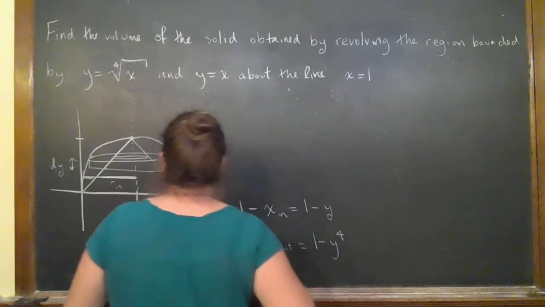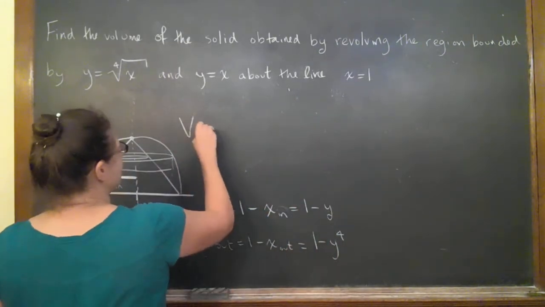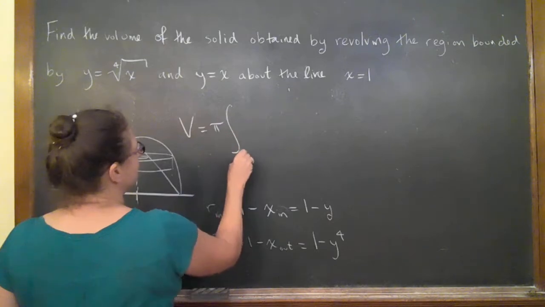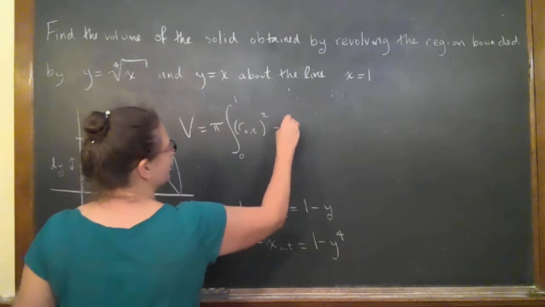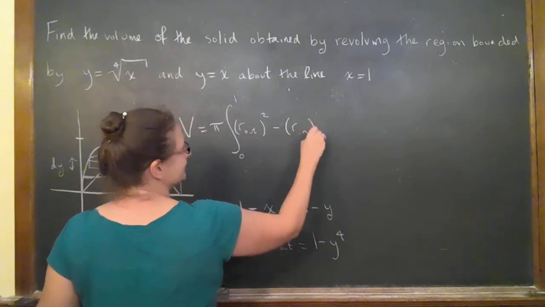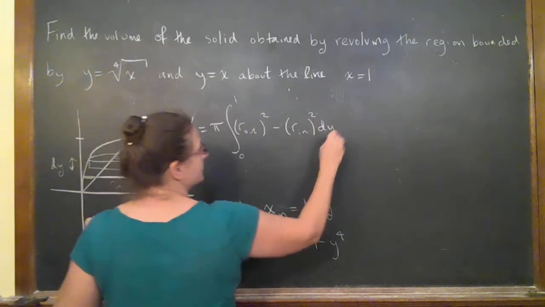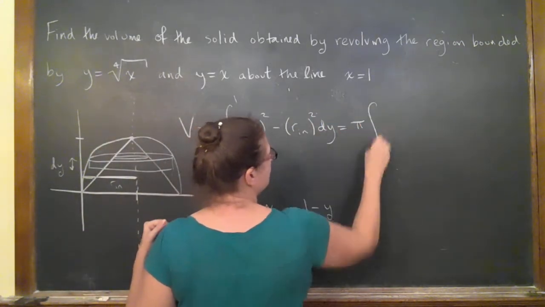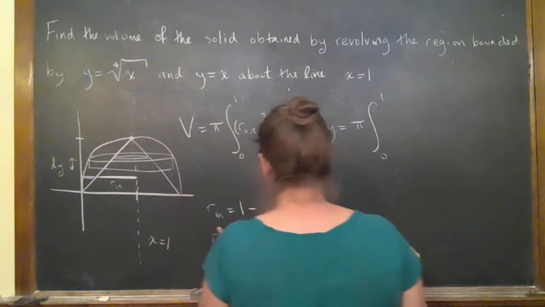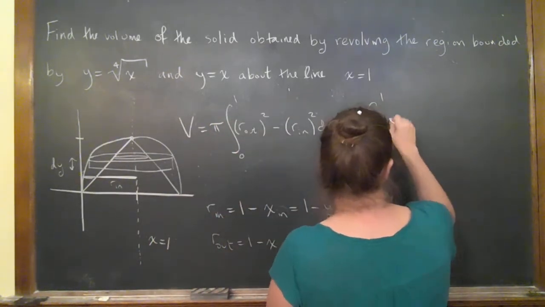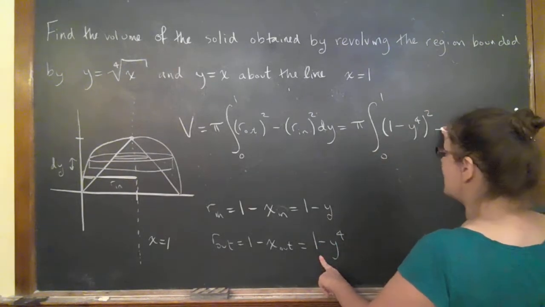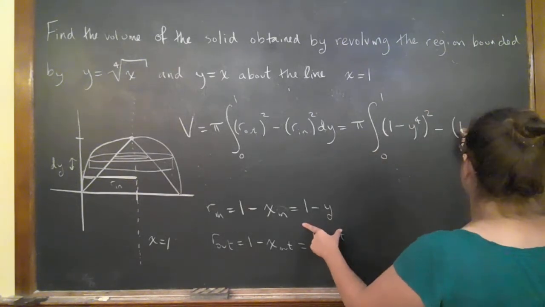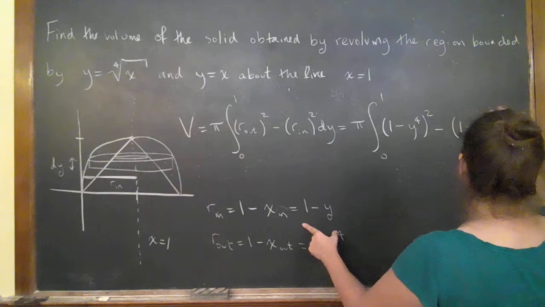Pi integral from 0 to 1 of r out squared minus r in squared dy. So that was going to be this guy, 1 minus y to the 4th, and then minus this guy, 1 minus y quantity squared.